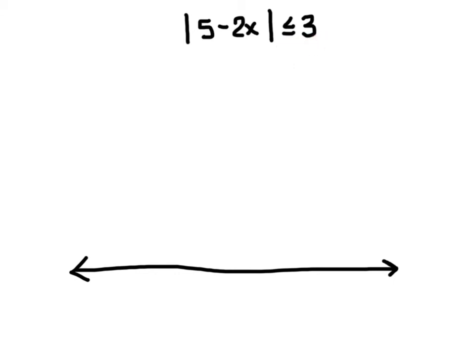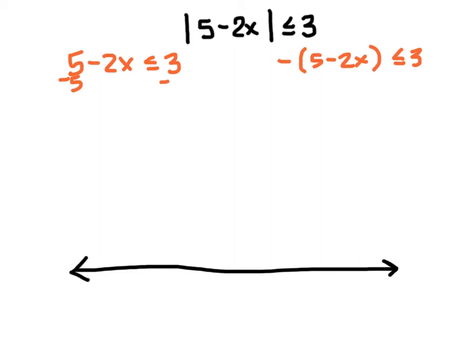So I'm going to write it twice like we did before. I'm going to say 5 minus 2x is less than or equal to 3, or the opposite of 5 minus 2x is less than or equal to 3. I'm going to subtract 5 to get -2x is less than or equal to -2.